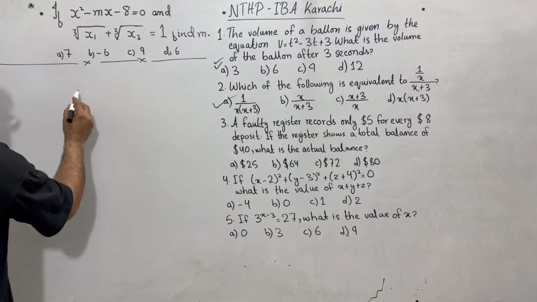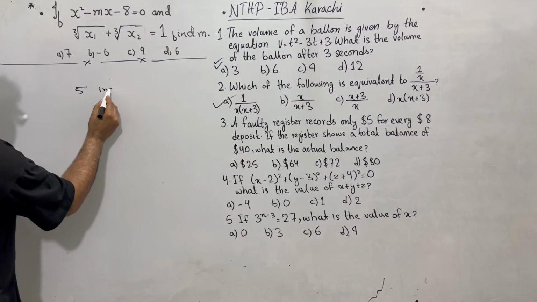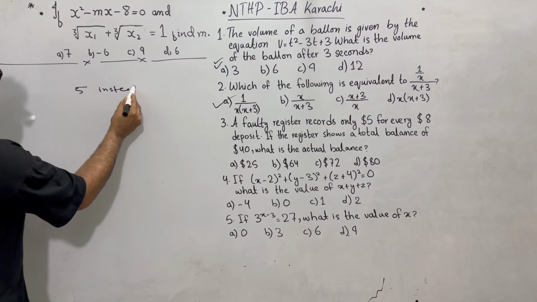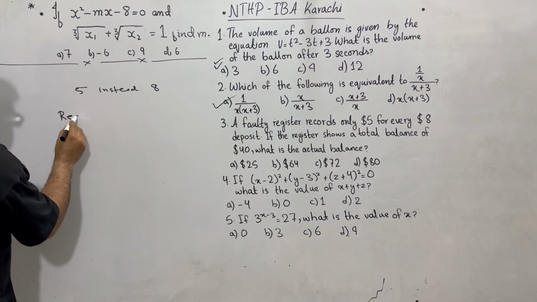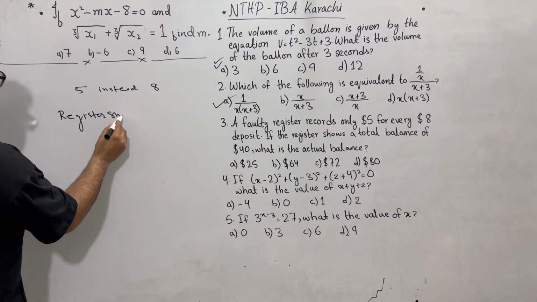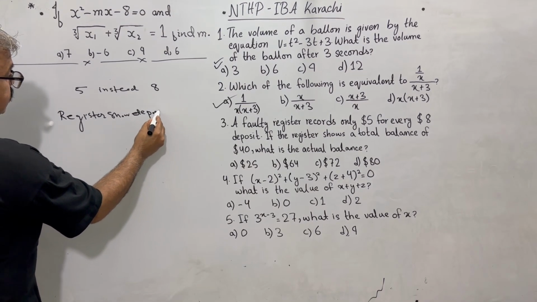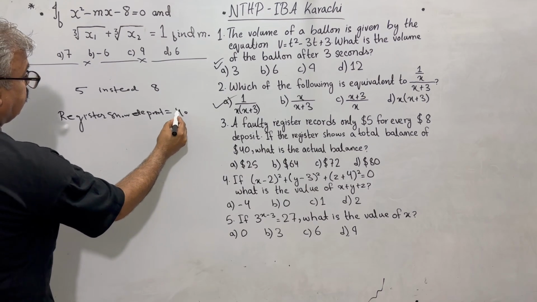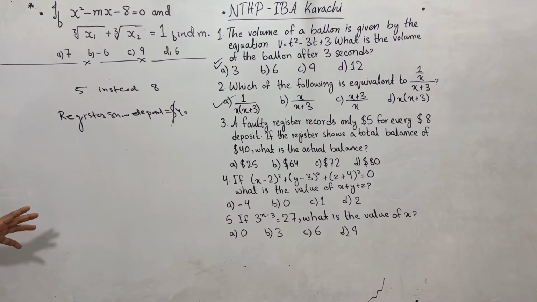The register records $5 instead of 8, and the register shows a deposit of $40. How to handle this?